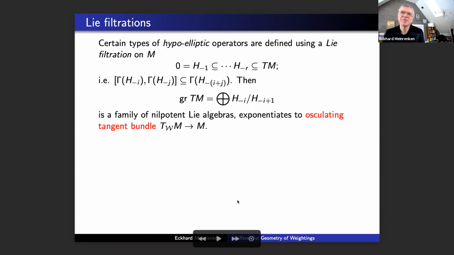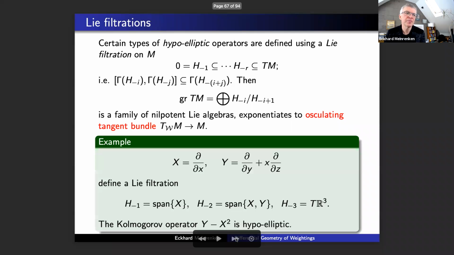So I basically want to explain how to fit this osculating tangent bundle into our context of weightings. Yeah, first one example. So there's this Kolmogorov operator. In this case, the Lie filtration is spanned by vector fields d by dx and, for y, d by dy plus x d by dz.